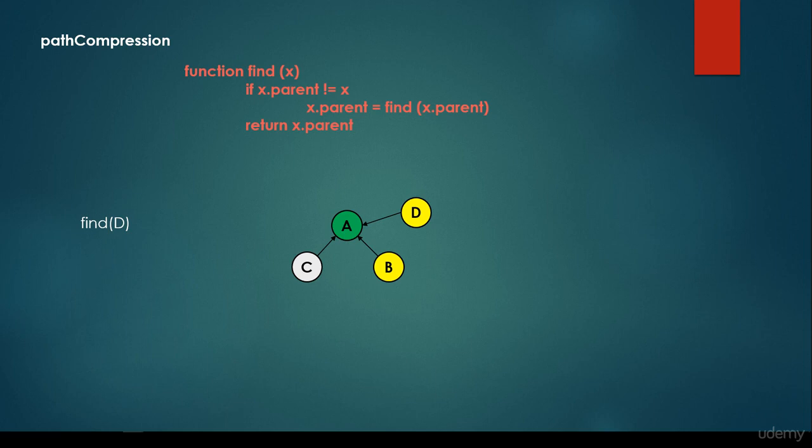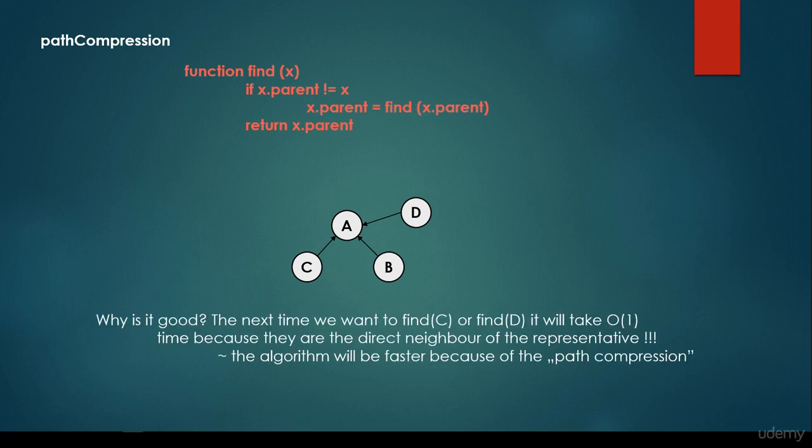Whenever we would like to find the D again, it's going to take O(1), so constant time complexity, to return the representative. It's very important and very useful in Kruskal algorithm. Okay, so just to summarize again, why is it good? Because the next time we want to find a C or find a D, it will take O(1) time, because they are the direct neighbors of the representative. So the algorithm will be faster because of the path compression, as well as because of the rank.